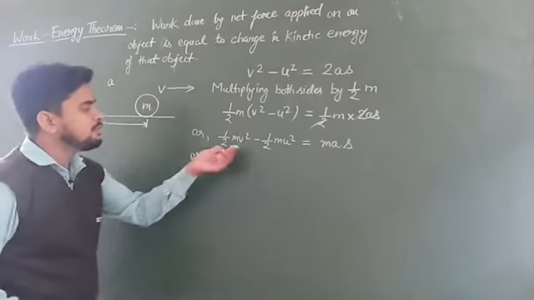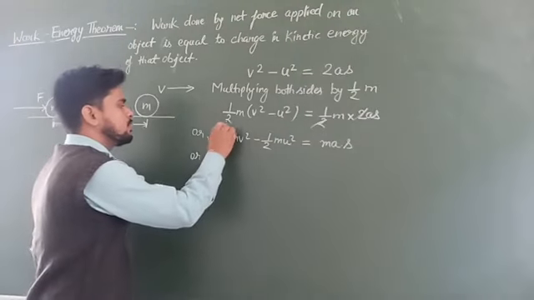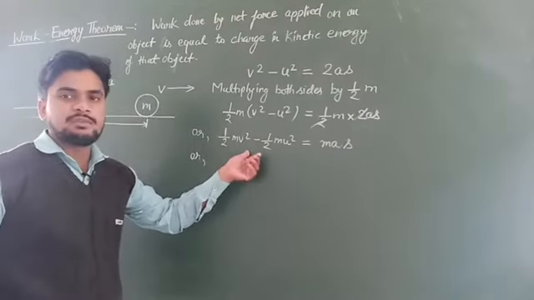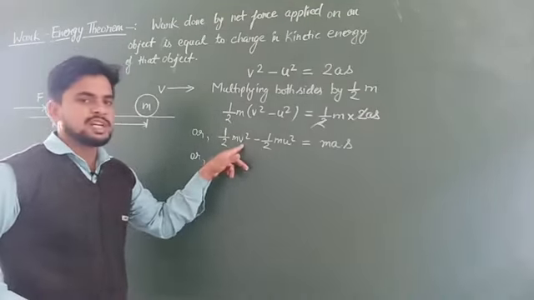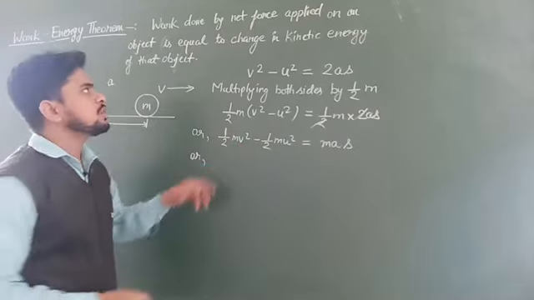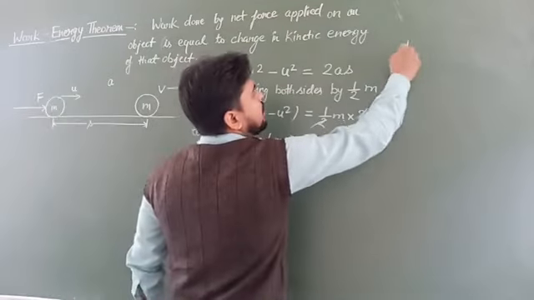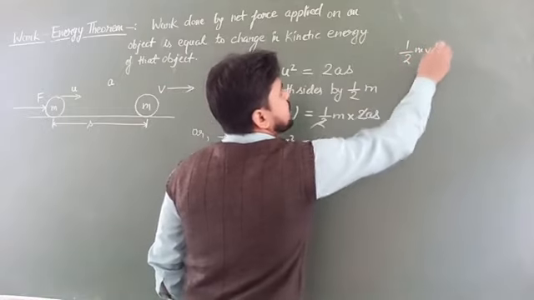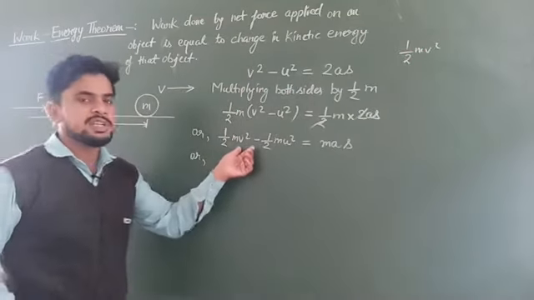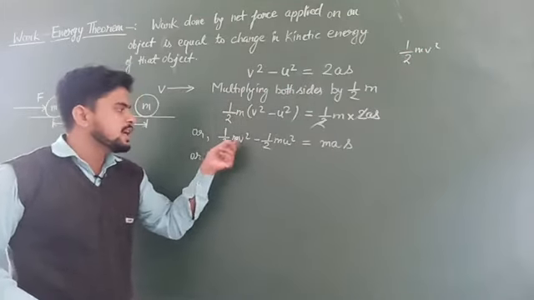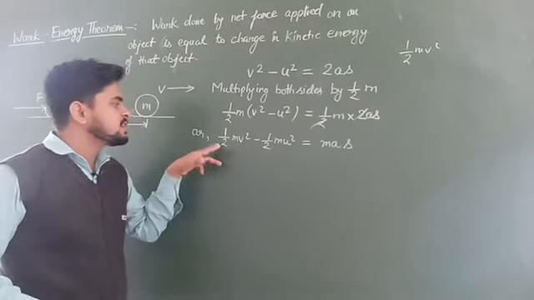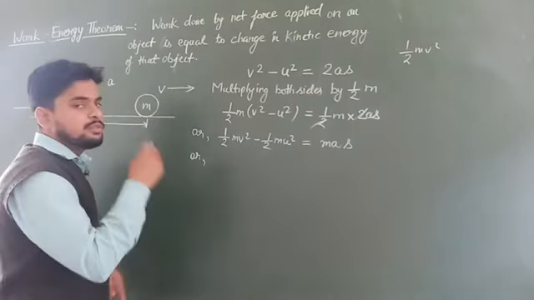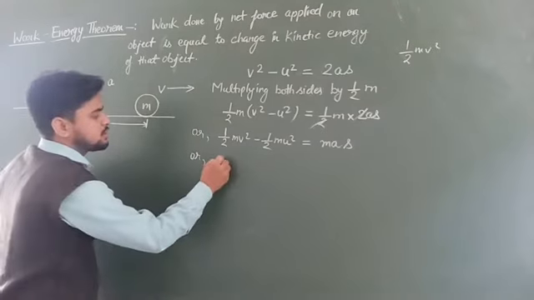Now what is half m v square? v is the final velocity of the object, m is the mass of the object, and you know kinetic energy is given by half m v square. So half m v square is the final kinetic energy of the object.